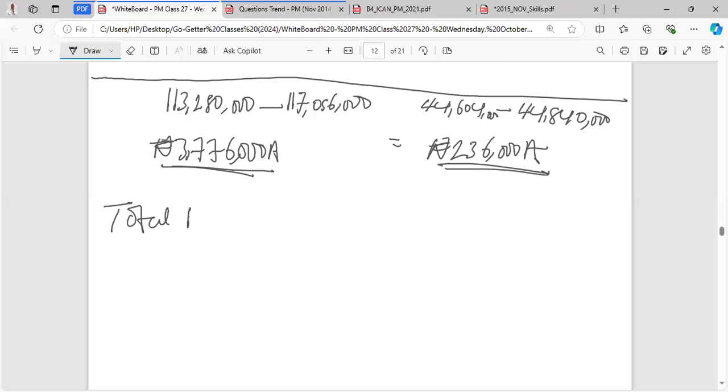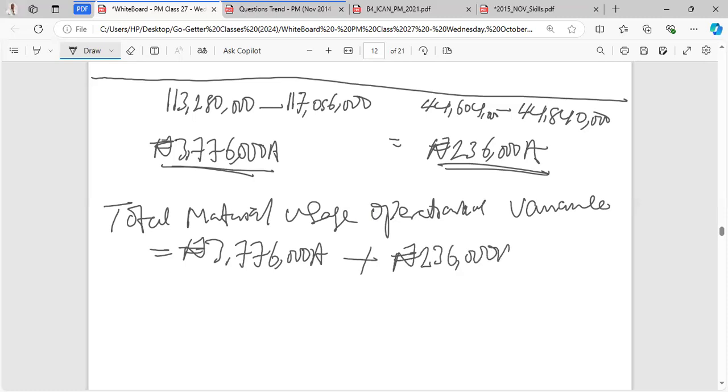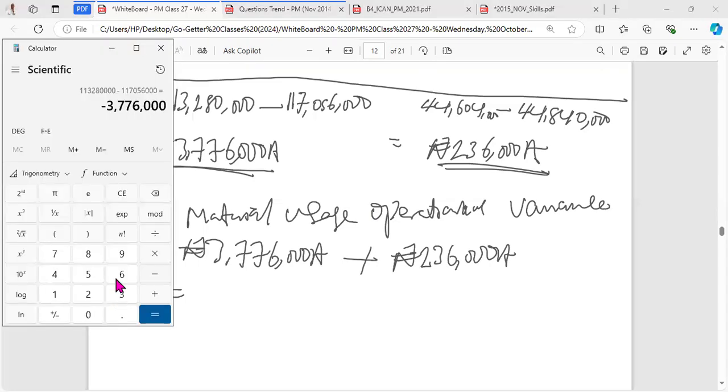Total material usage operational variance will now be 3,776,000 adverse plus 236,000 adverse, giving us 4,012.